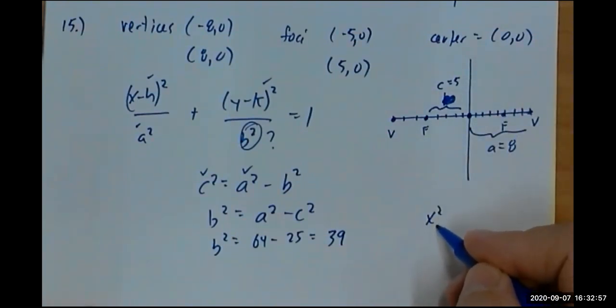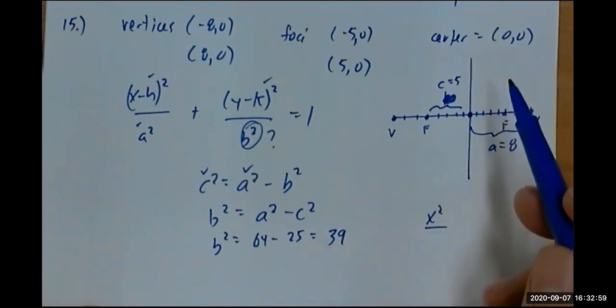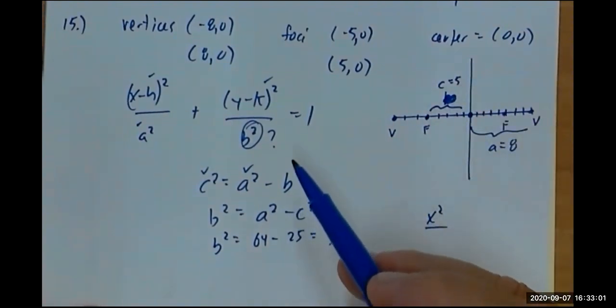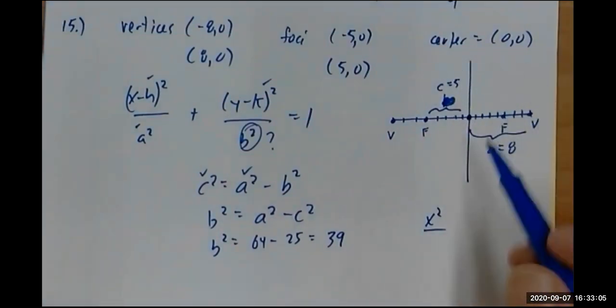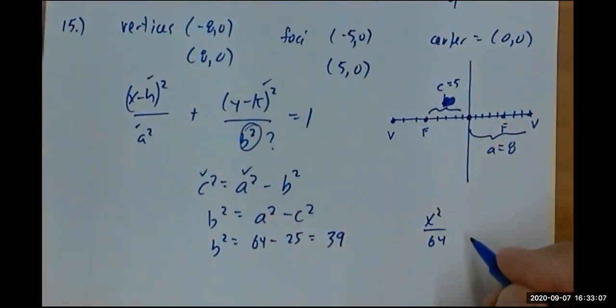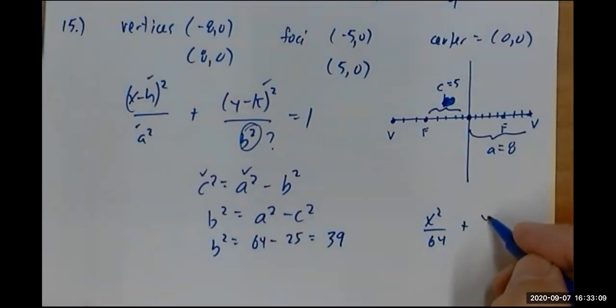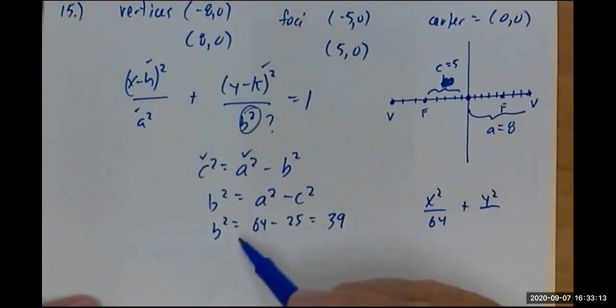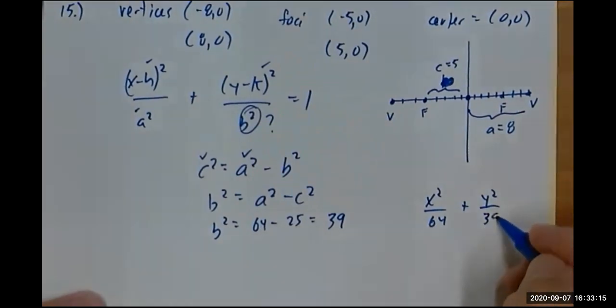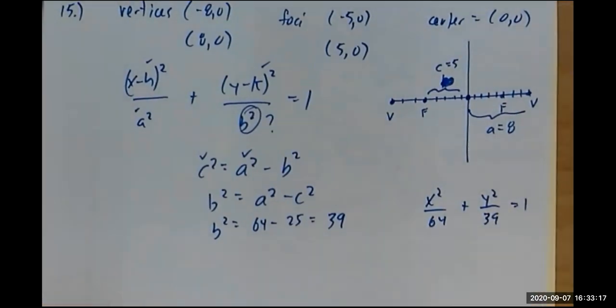So x squared over A squared, A is 8, square it, 64, plus y squared over B squared, which is 39, equals 1. So let's see if this is correct.